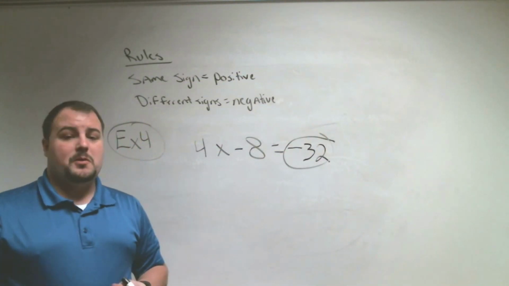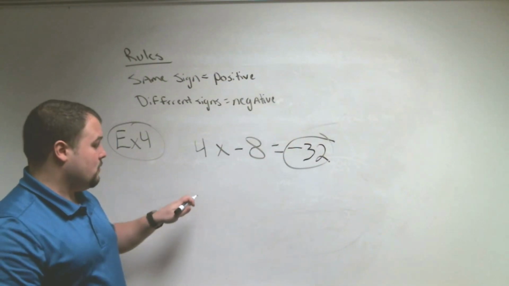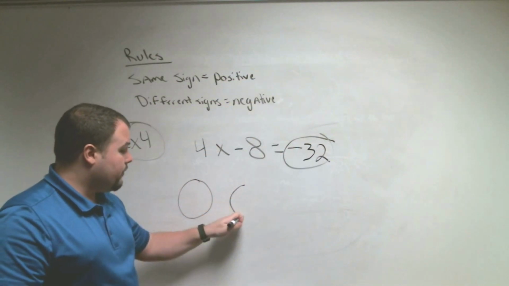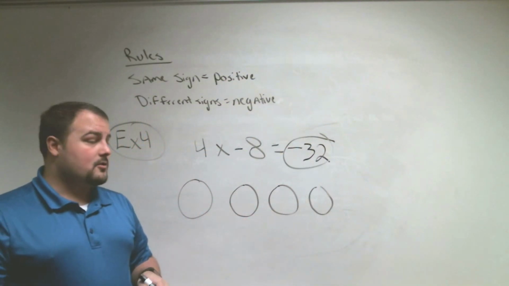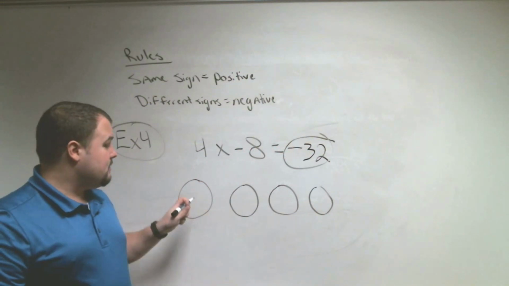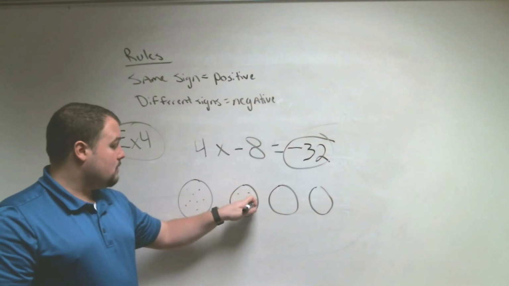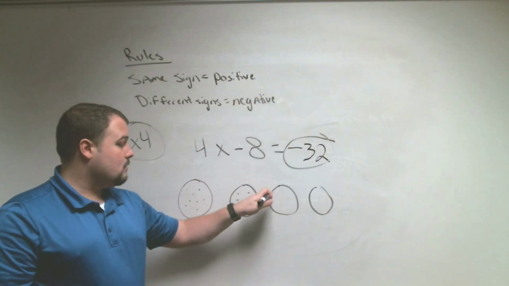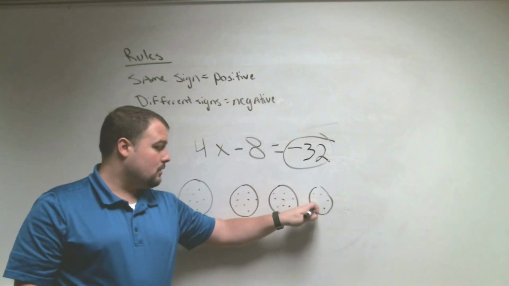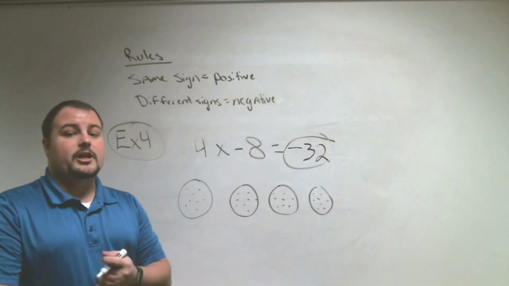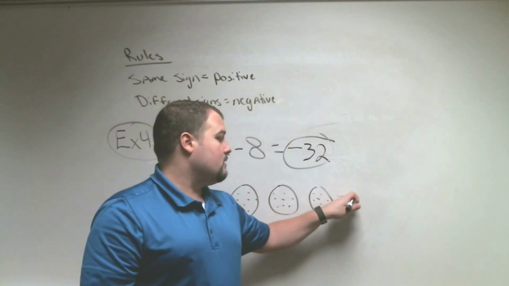And if you struggle with multiplication, one of the things that you could do, if you didn't know that 4 times 8 is 32, you could draw 4 circles. And in these 4 circles, you could put 8 little dots. And then all you got to do is count your dots, and however many dots you have, that'll be your answer.